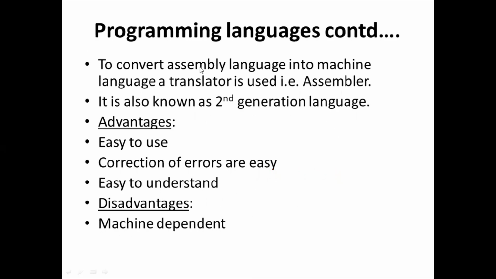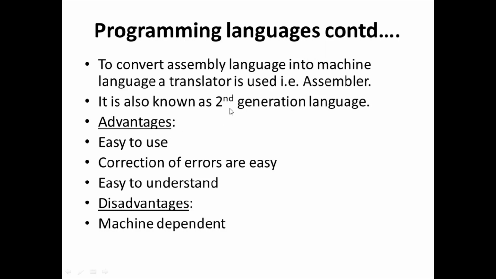Then to convert assembly language into machine language, a translator is used, that is the assembler. As discussed, the computer understands only machine language. So we are talking about assembly language here, and assembly language needs a translator. To convert assembly language into machine language, this translator will be helpful, that is the assembler.